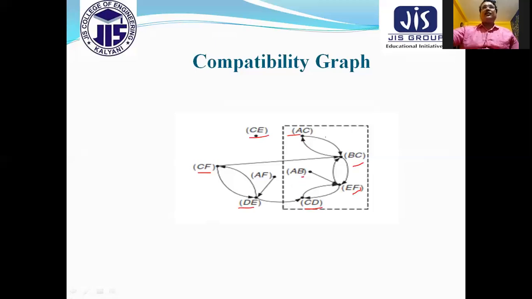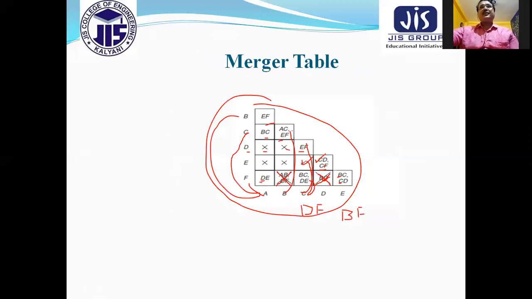After that, why are we putting the edges? We know that if AC is there, from AC I can put a direct edge to BC, meaning it is saying that BC is implied by AC. We can check here. BC is implied by AC. You can see A is here, C is here, and the implied pair is BC.